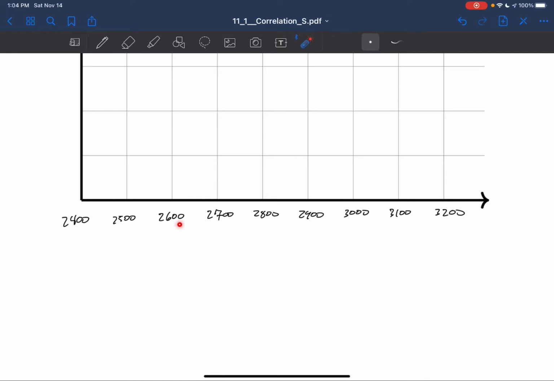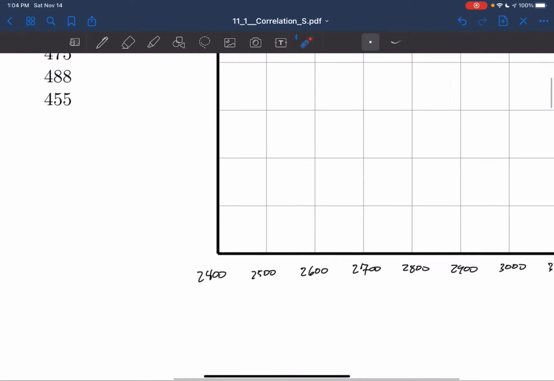Notice that I didn't skip a lot. I didn't jump rapidly, like 2400 all the way to 2900 and all the way to 3200. There's a pattern, so I'm just increasing everything by 100.